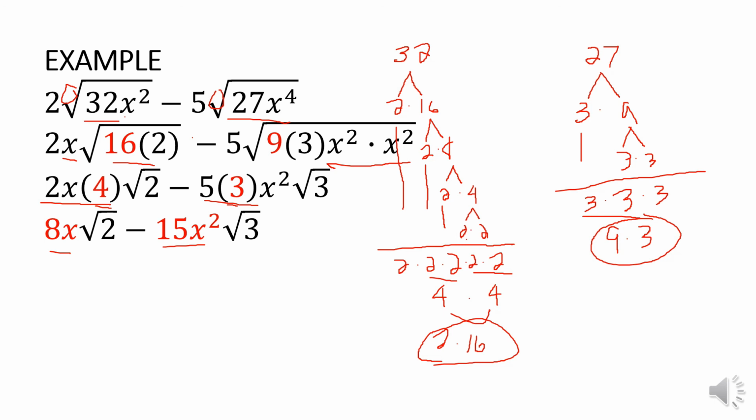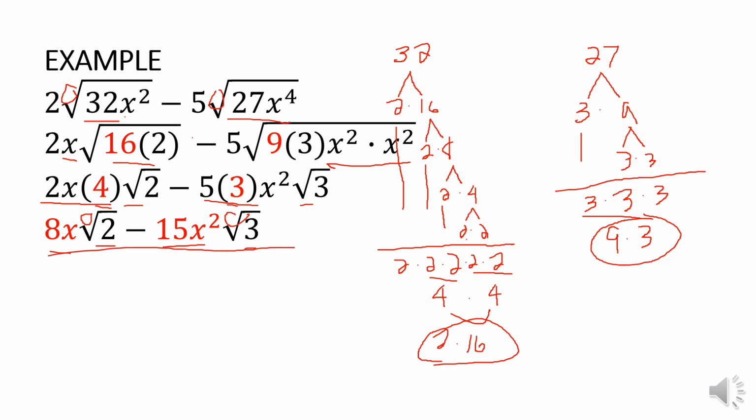So we copy the radicals. So square root of 2 here and square root of 3 here. Now, as we notice, though they have the same index of the root, they don't have the same radicand.